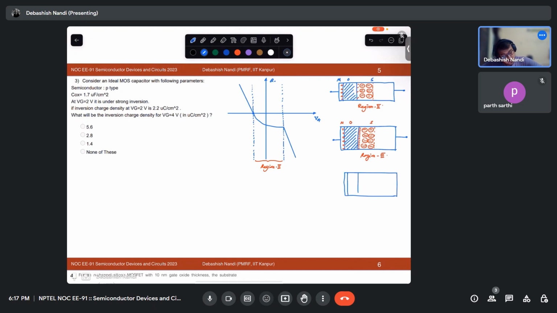Region 1 would be something like this. Let's say there will be negative charges here, so there will be positive charges here. Let's say this is grounded. This is Vg less than Vth. This is Vg greater than Vth. This is Vg less than Vfb.